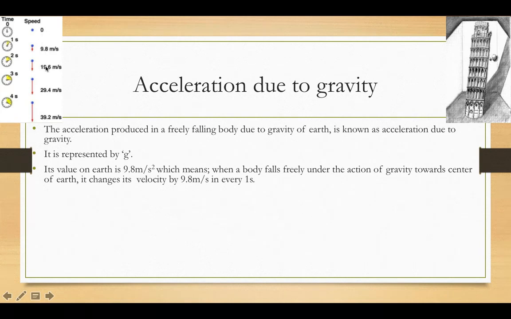If you subtract 9.8 from 19.6, the change in velocity is also 9.8. Similarly, from 29.4 minus 19.6, it is also 9.8 meter per second. And 39.2 minus 29.4, the change in velocity again comes to 9.8 meter per second.